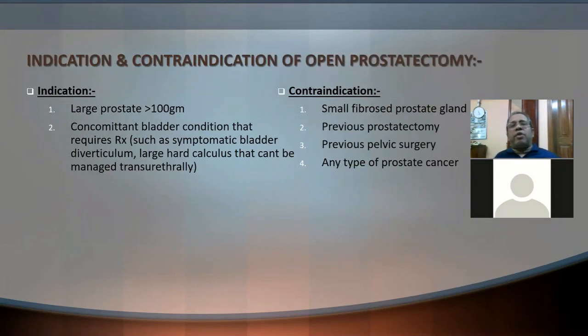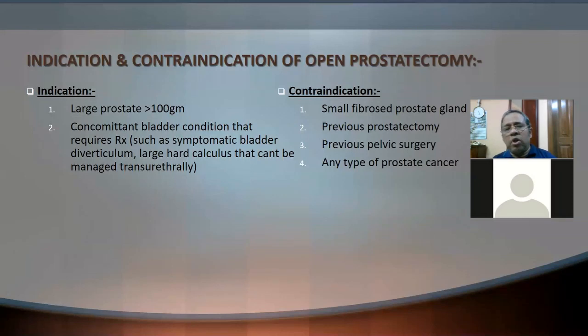What about the indications and contraindications of open prostatectomy? These are all previous conceptions. Nowadays, whatever the size, there is no contraindication to doing endoscopic surgery, because you don't need to remove the whole prostate.